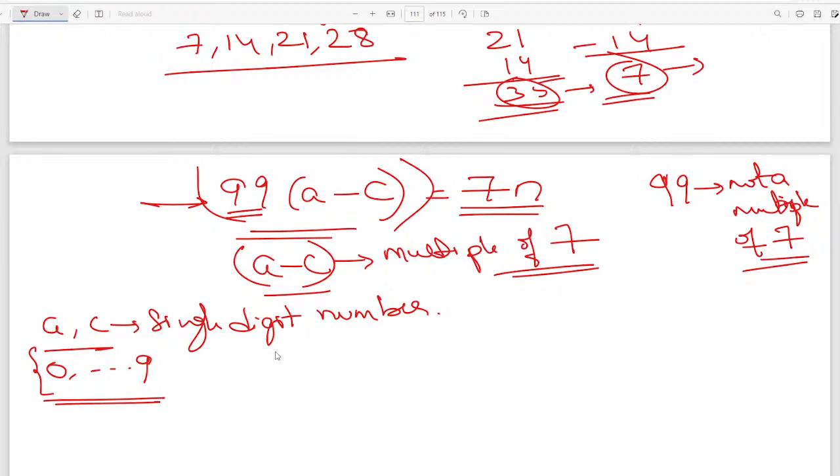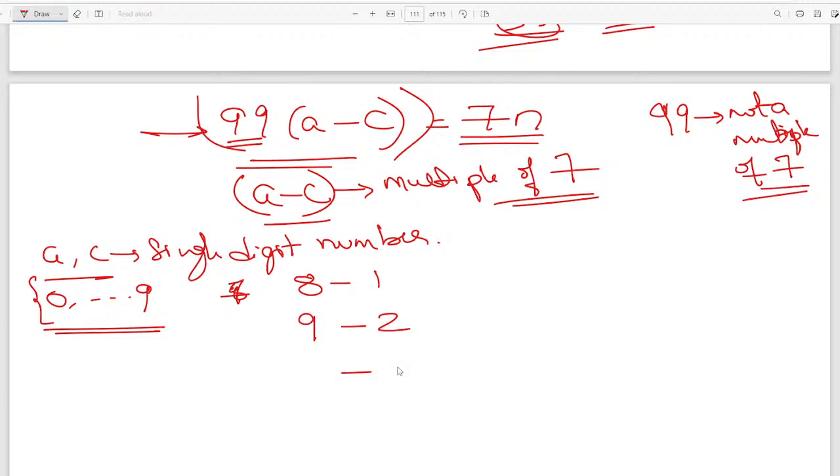So the difference can be 7. One pair can be 8 and 1, or 9 and 2. If you take 3, you would get a double digit number. So A can be 1, and C can be 8.